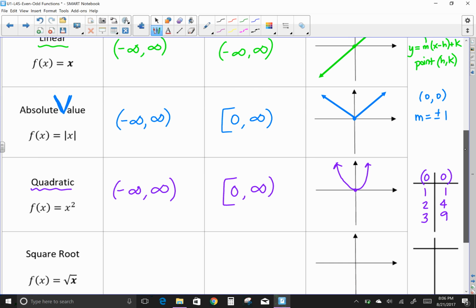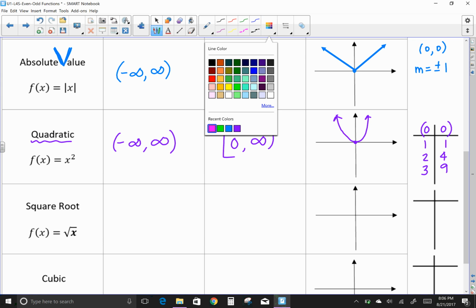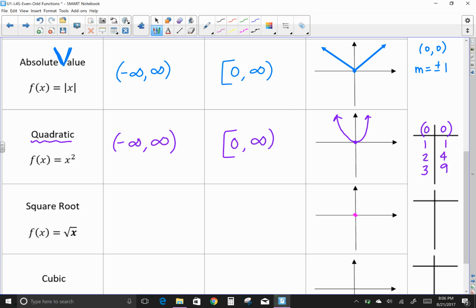Okay, moving on to our square root function. Again, looking at your packet, if you looked at your graphs, the original one starts here and does something of that sort. Kind of like a hook, some people call it different things. And it did occur to me, it kind of looks like part of that square root. So I'm just trying to help you remember what these graphs are going to look like.